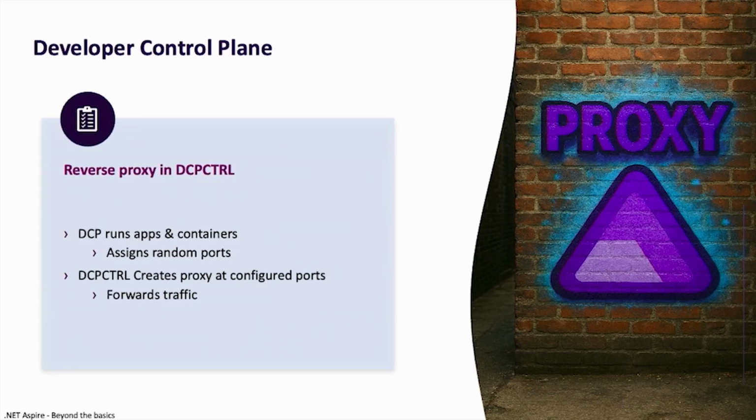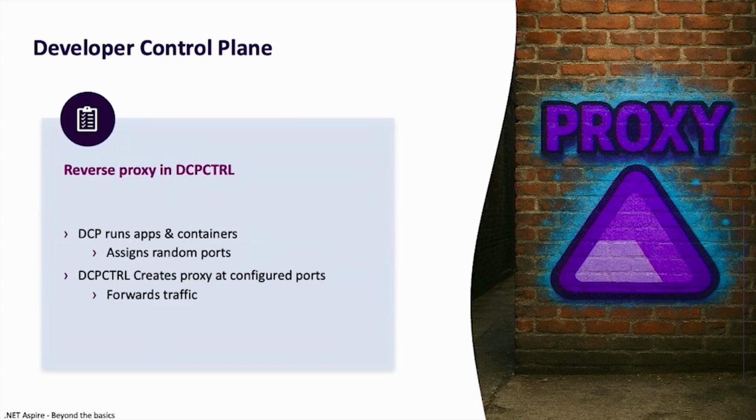The next topic would be the reverse proxy that is built into DCP control. I already mentioned that sometimes when you want to run multiple instances of the same app, in the old days you could get port conflicts. And this is a way to deal with that. So there's a DCP control built-in reverse proxy. Whenever the DCP gets launched, it will run your applications.